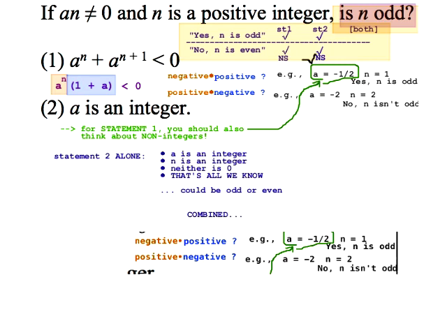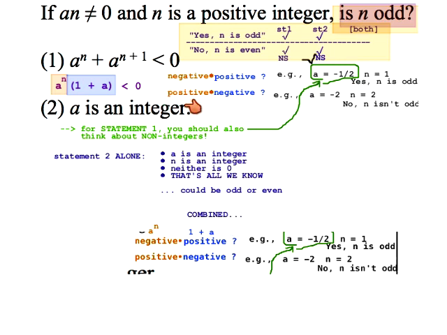The problem with having A be negative and 1 plus A be positive, remember, the left-hand part is A to the n, and the right-hand part is 1 plus A. The only way you can have A negative and 1 plus A positive is if A would have to be fractional.